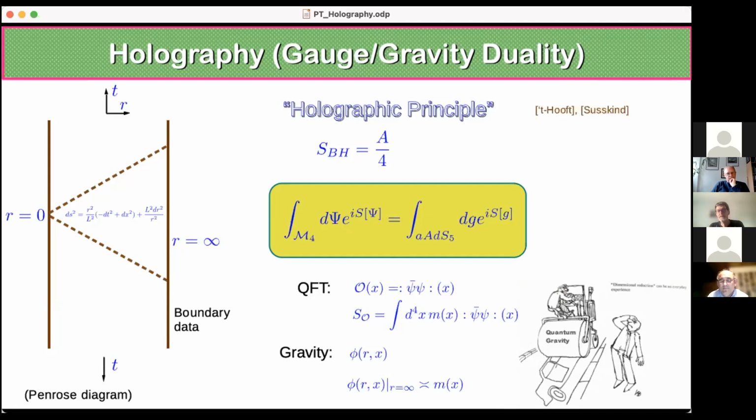And this can be reinterpreted as correlation functions of a quantum field theory in one less dimension. And in this sense, it's holographic because the quantum dynamics of the 4-dimensional quantum field theory is encoded in this gravitational dynamics of the 5-dimensional theory.